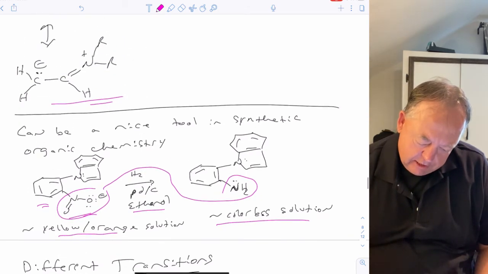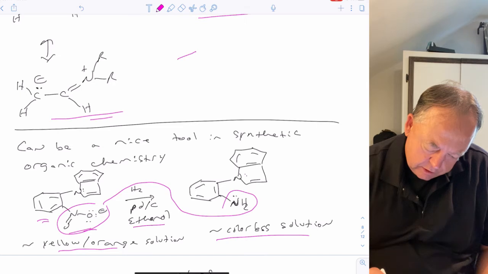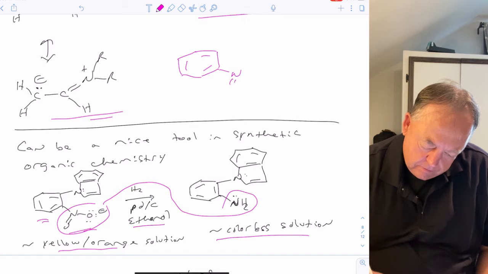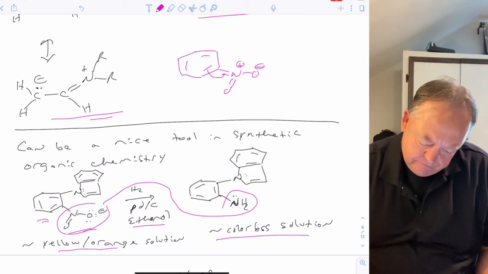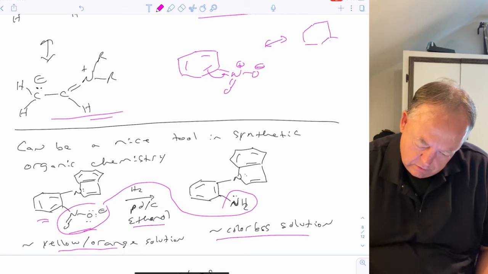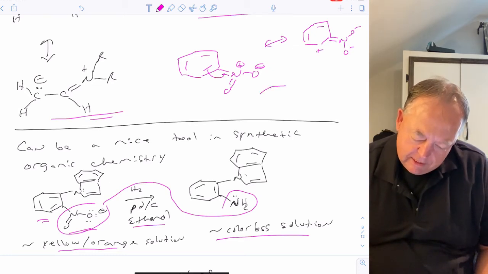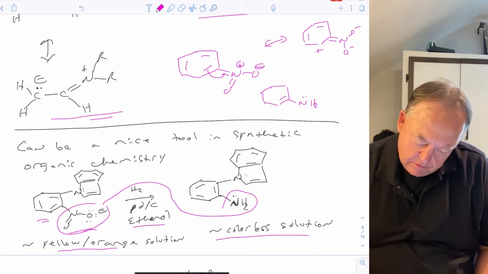Why such a big change in the UV absorption? We're going from a nitro group, which removes electron density from a benzene ring, to an amino group on the benzene, which pushes electrons into the ring.